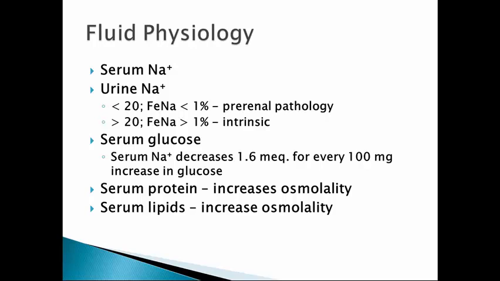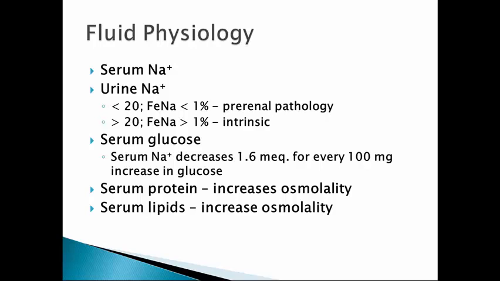The value of the urine sodium is to determine whether or not the kidneys are trying to correct it. So this is the fractional excretion, both the absolute level and the fractional excretion. A fairly normal urine sodium level is about 20.